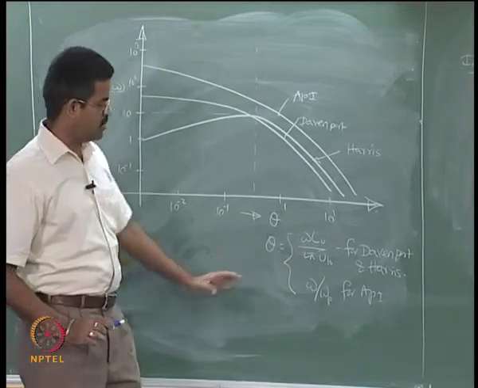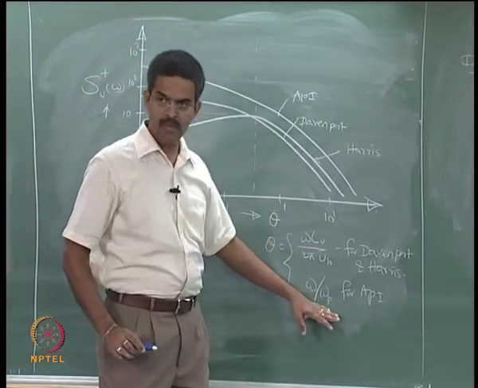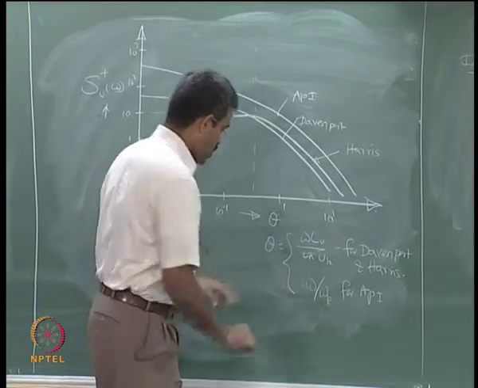It is true in case of API also, because omega p is fixed. For omega to be lower, theta will become lower.